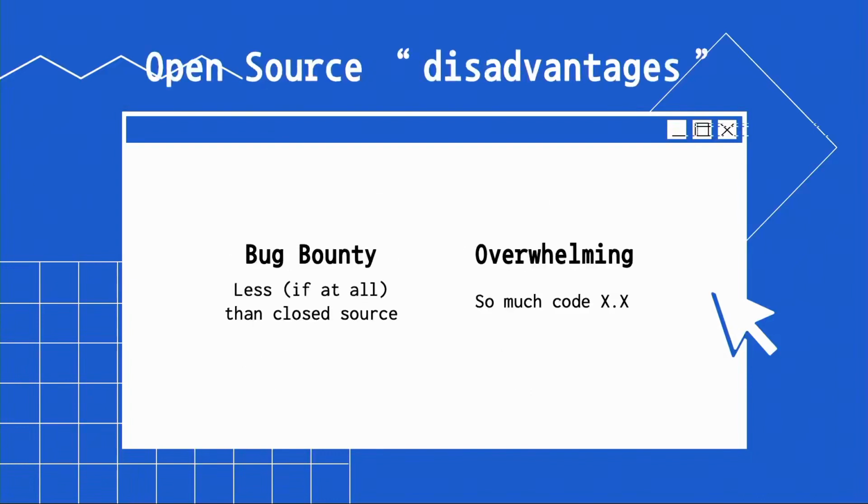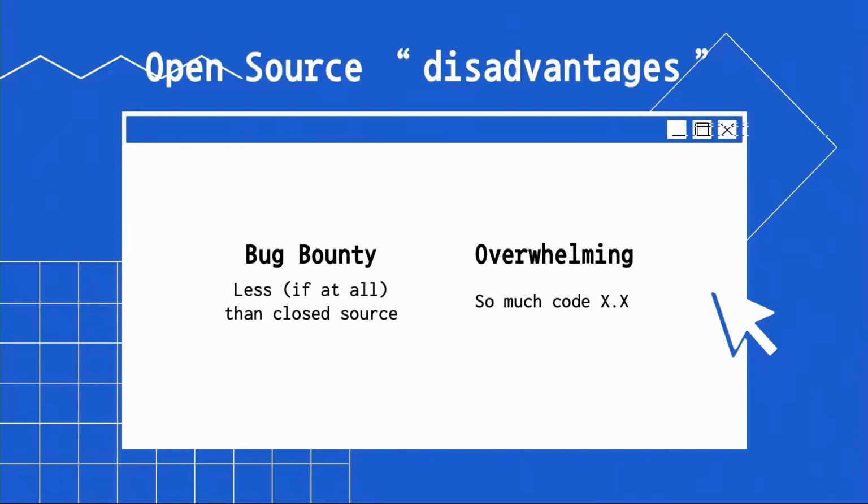But there are a few disadvantages to open source research as well. The first one is bug bounties. If you find a vulnerability within the Linux kernel, for example, you most likely won't get a bounty for it, unlike with Apple and Windows of Microsoft. So that's a bit of a caveat if you like bug bounties. And from my own personal experience, open source research might be a bit overwhelming.